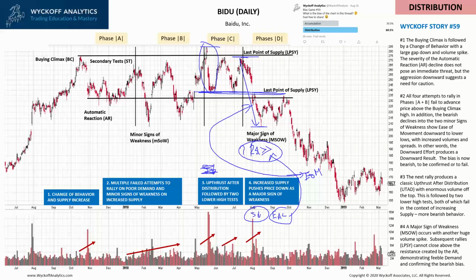That tells us that demand is exhausted, and that also tells us that a smaller amount of supply could move the price down. But is it really a small amount here? This is a significant supply spike. So to me, it all looks still very much bearish at that point.